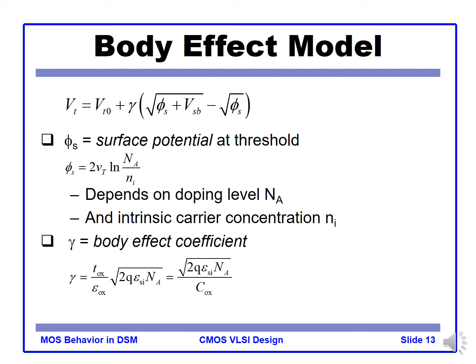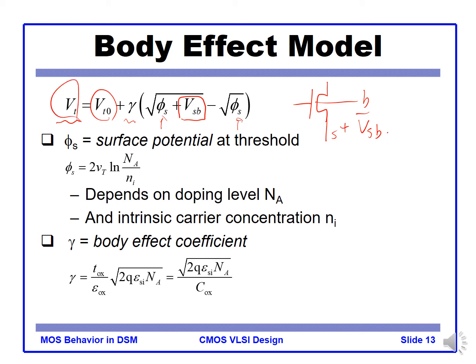We can model this body effect. So VTH is defined by the VT0. VT0 is the threshold when the body voltage is zero, and there's just some gamma there. There's the surface potential voltage, and we have a VSB, right? So plus minus VSB actually defines the VTH.